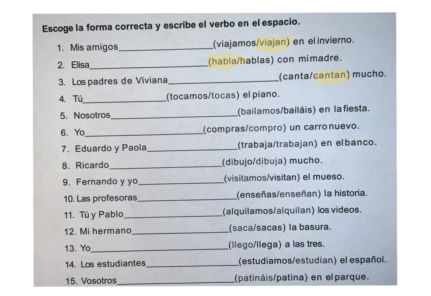Tú. Which one? Tocamos or tocas? Tocas. All right. And although you don't know what that means, what do you think that means? All right. Nosotros. Bailamos. Which y'all know, bailar is to dance. But all right. Yo. Yo's easy. Compro. Eduardo y Paula. Nice name there. All right.